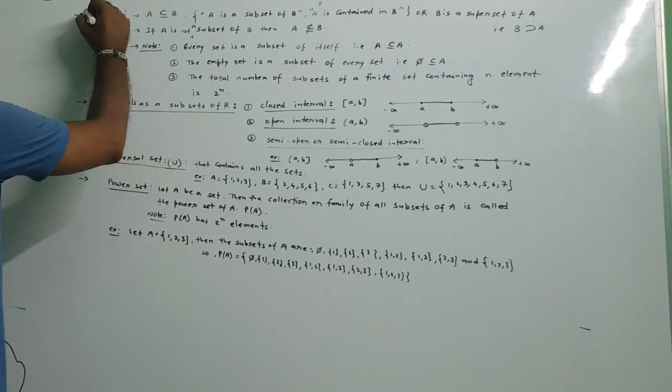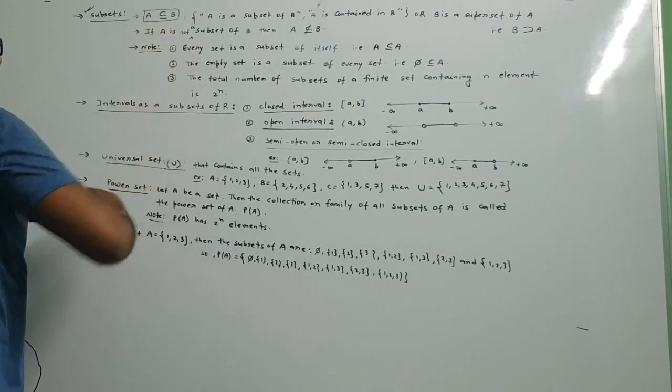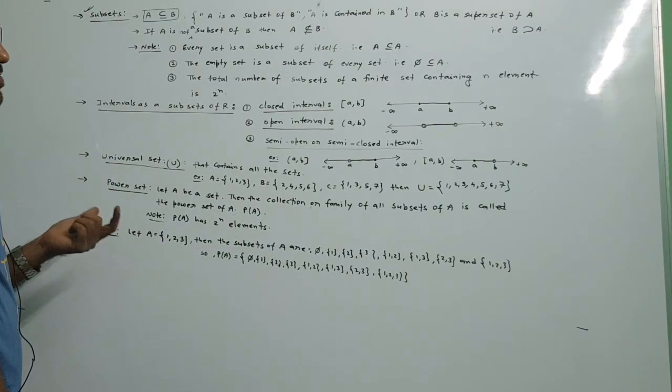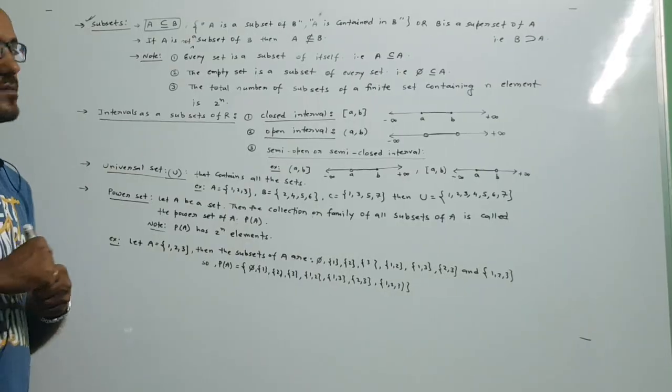So let us see what a subset is. A subset means we have a bigger set and we can take one element, 2 to 3 elements, or 4 to 5 elements.